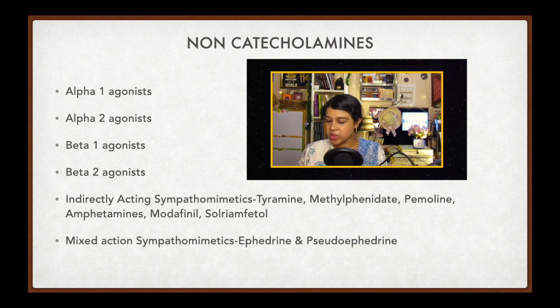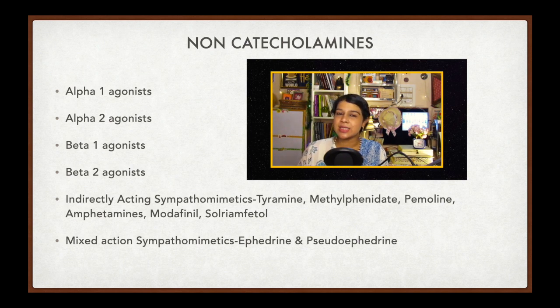Then they enter the storage vesicles and they displace and release the stored noradrenaline. The released noradrenaline activates the adrenergic receptors, and if the dosing is repeated at short intervals, tachyphylaxis develops.